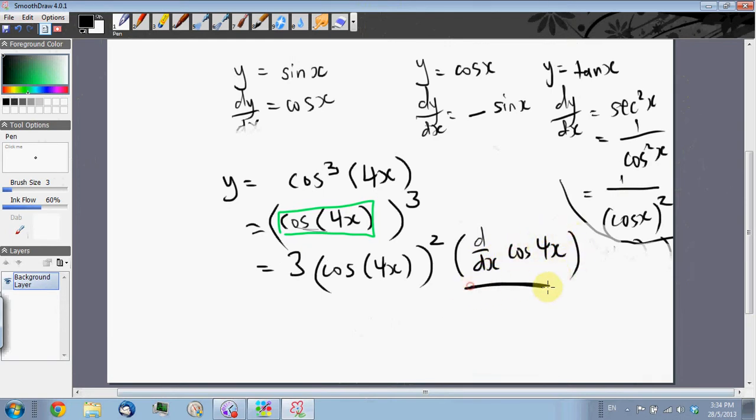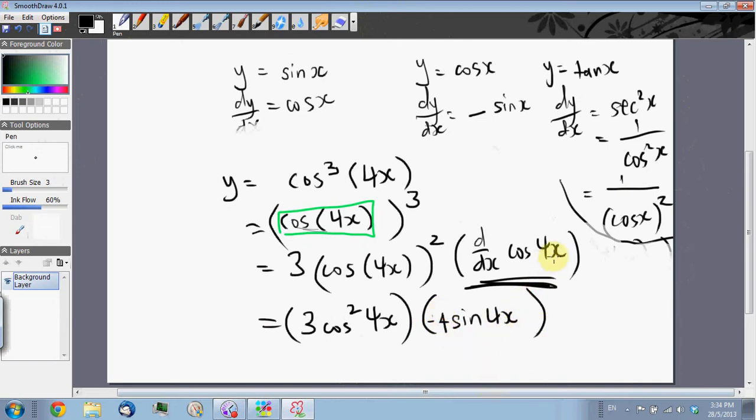This means differentiate cosine 4x. So you can write it out like that, multiplied by whatever you differentiate. It becomes negative sine 4x, negative 4 sine 4x. Because remember, differentiate what's inside, you get 4. And then cosine changes to negative sine, keep what's inside, 4x.